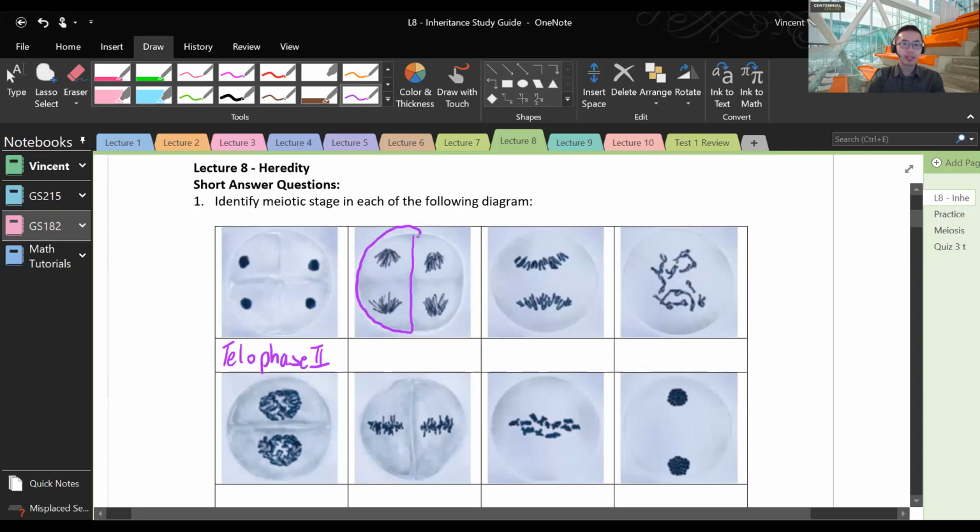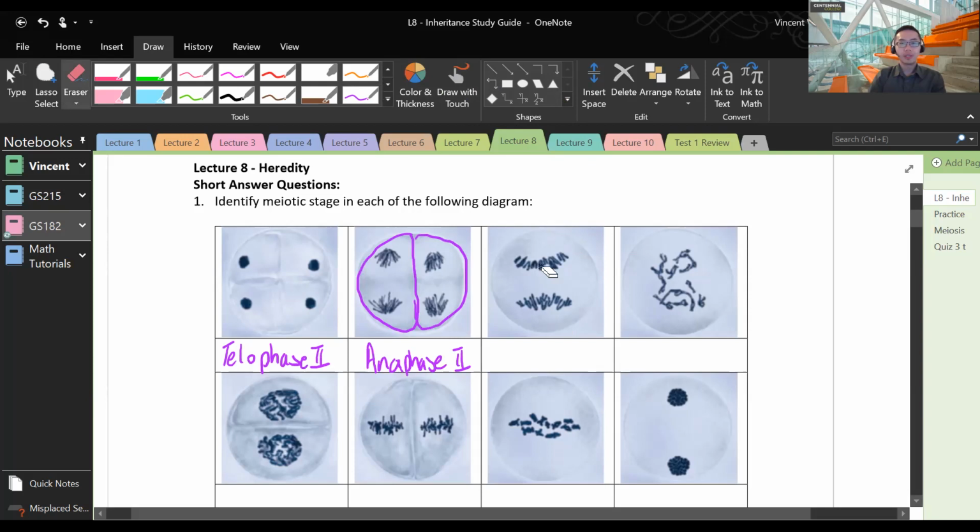So there's 1 cell right there, 1 cell right here, and then we have another cell here, right? They're not really separated yet. They will eventually. And if you just focus on one of the cells, you can see the chromosomes are being pulled to the different ends of the cell. So each of these are actually undergoing anaphase. And because we have 2 cells right now instead of 1, we know this is anaphase number 2.